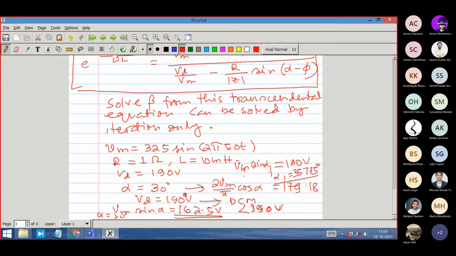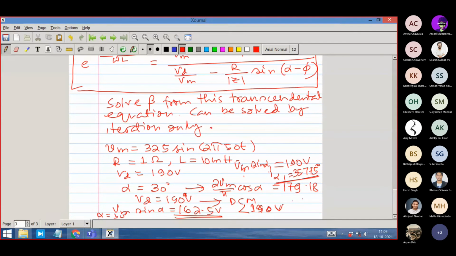So even though you intended the thyristor to conduct at 30 degree, it could not start conducting, because had it conducted, the rectified voltage would have been less than the DC voltage. It would have required the current to reverse flow, which is not possible. So TH1 and TH4 will not conduct. But you have produced multiple pulses starting from 30 degree.